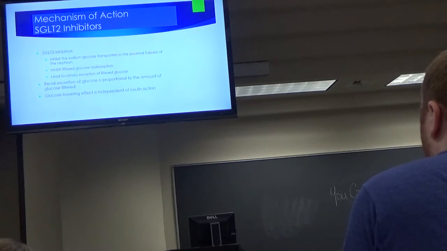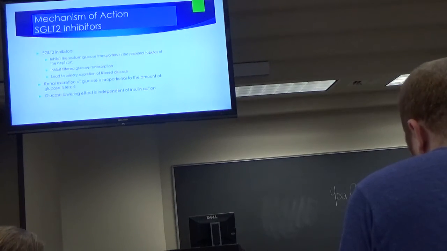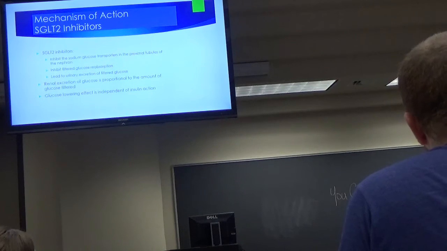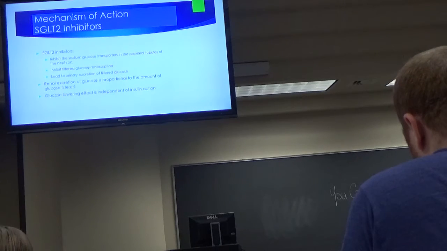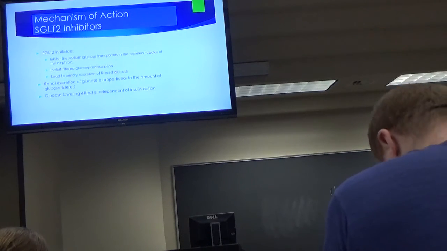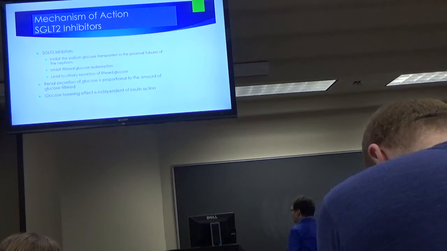Okay, so what did I tell you about insulin action? If we have a drug that affects insulin, what kinds of things can you expect? Okay, weight gain, but what would be the biggest thing you would worry about? Hypoglycemia. Always keep that in mind. So this one doesn't do that. Does some other stuff.